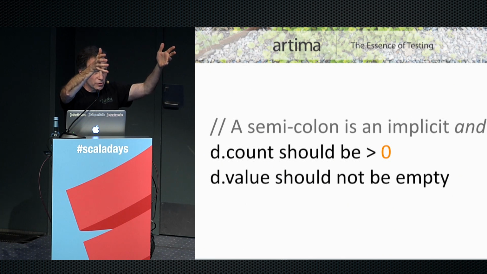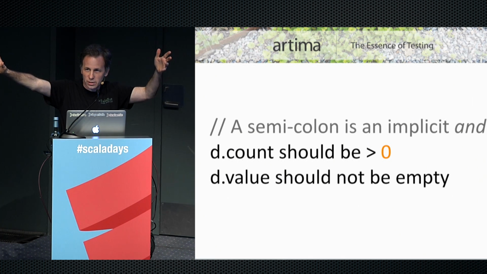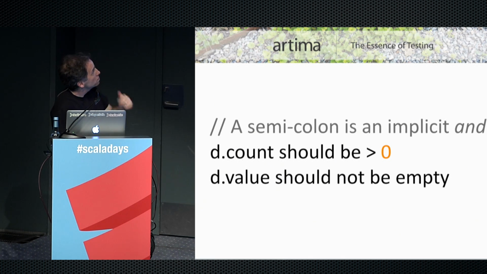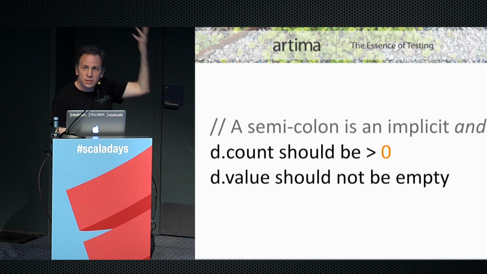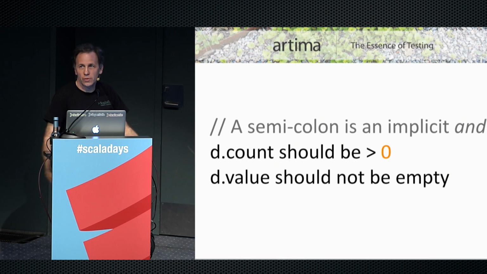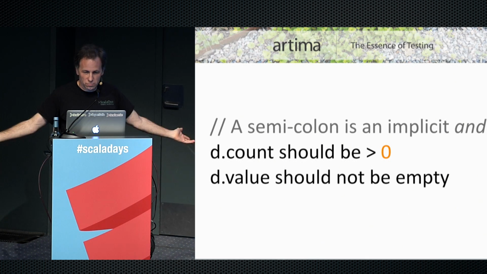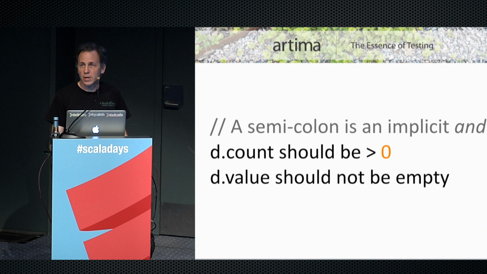If the first one is true, then it's going to try the second one, and if that's false, the whole thing is false. The whole thing is an error. Otherwise, it's okay. So you get and, but you don't get or.